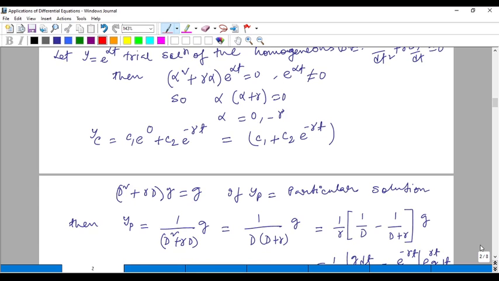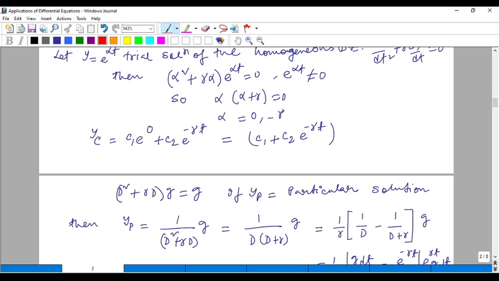The particular solution can be calculated using the operator method of solving non-homogeneous differential equations. You see this differential equation is written in operator form: D square plus gamma D operating on y is equal to g, and from this equation we get yp equal to 1 by D square plus gamma D operating on g.